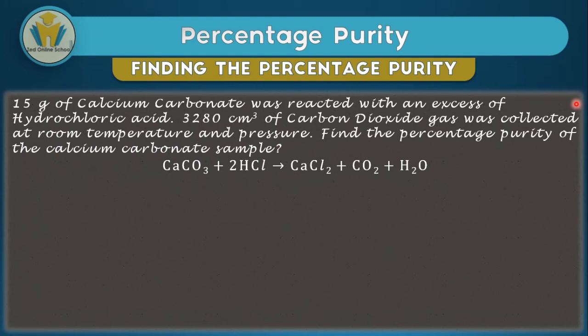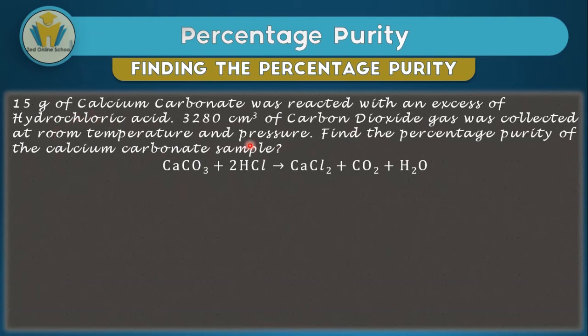Very simple question, nothing like calculating our limiting reactant here, because we've been told the HCl is in excess, and therefore it makes sense to say that the calcium carbonate is the limiting reactant, and we've been given information about the limiting reactant.